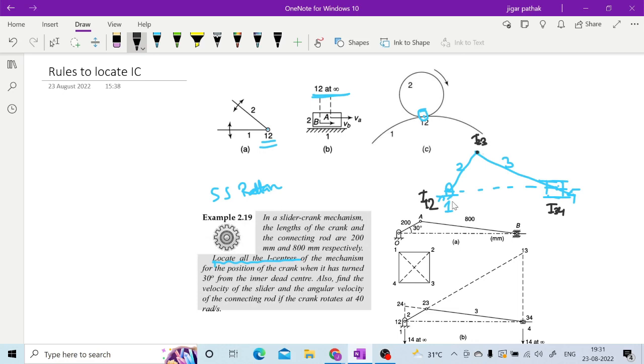Then you have your I14 at infinity, because between 1 and 4 you have this kind of relation, as mentioned in figure B. So I14 lies at infinity.